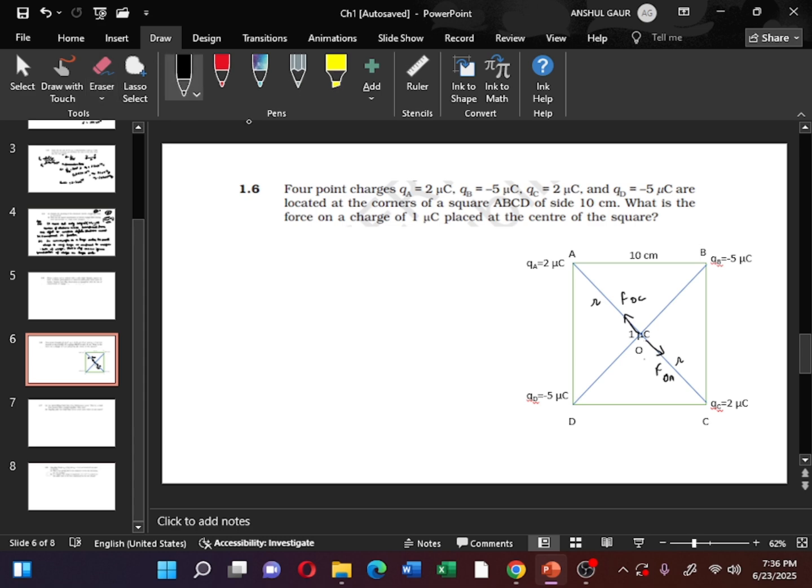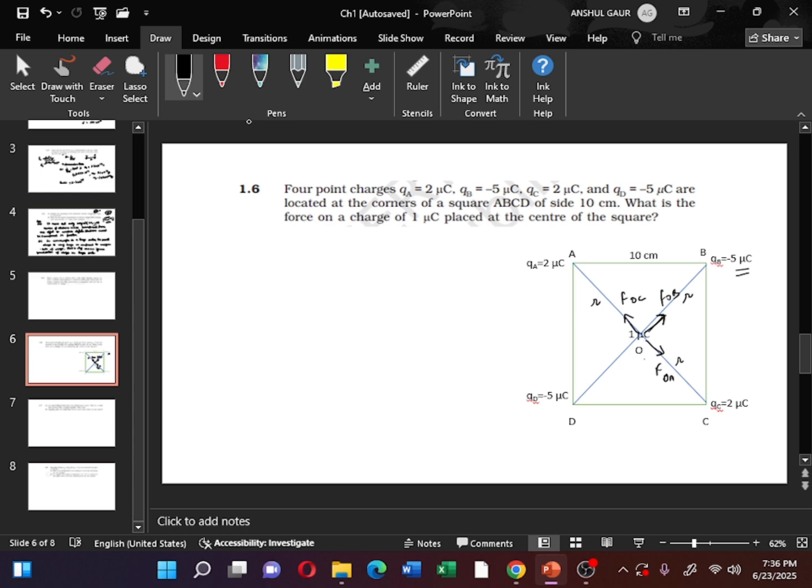So FOB, the force on the charge placed at O due to the charge placed at B, is towards B because they are opposite nature charges. Its magnitude depends upon the magnitude of the charges, minus 5 and 1 microcoulomb, and the distance here is R.